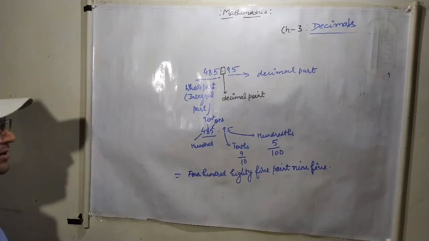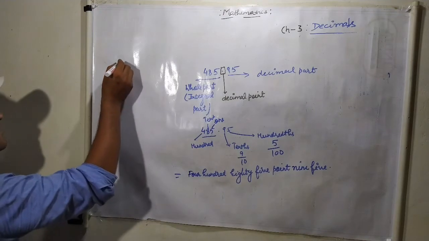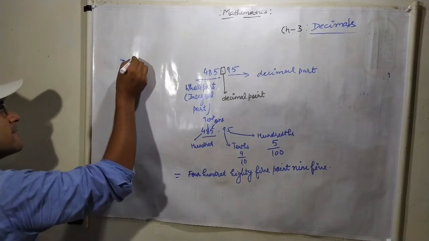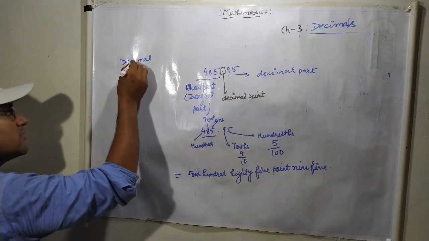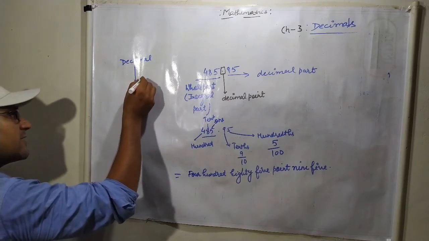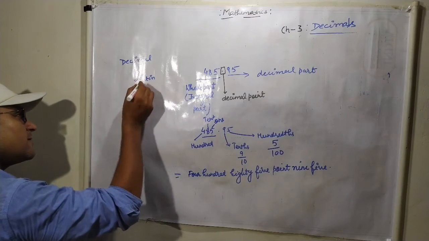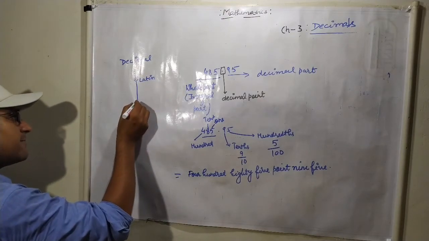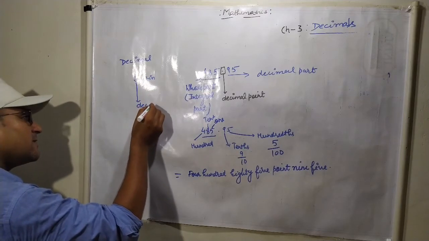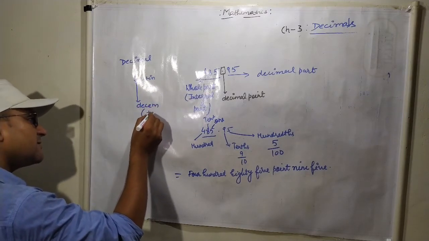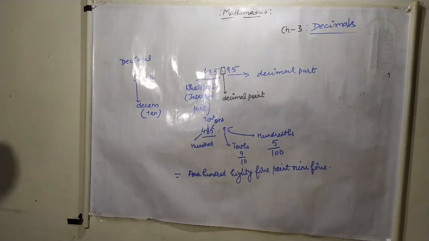And one more important point: decimal comes from a Latin word, decim. Its meaning is 10.